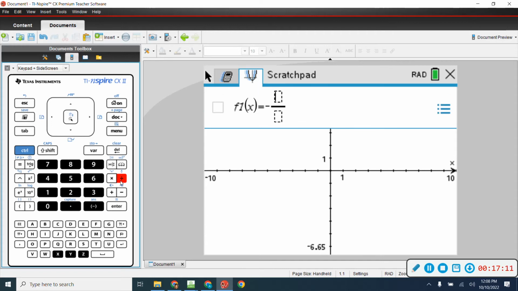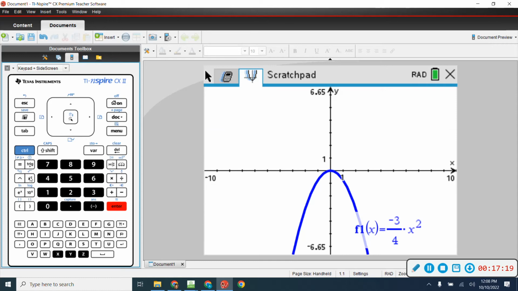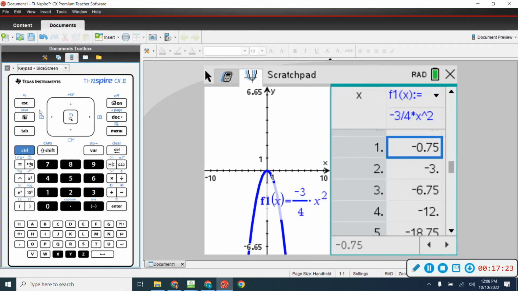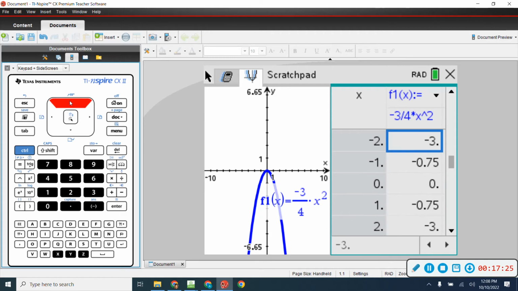And then you can type your 3/4 x squared. And then I'm going to do control T, and I'm going to look at my 0, 0.